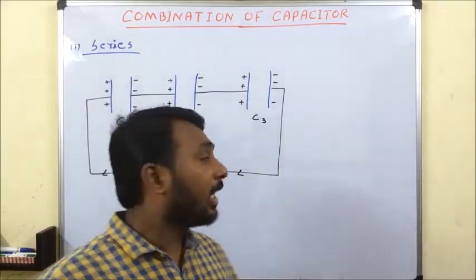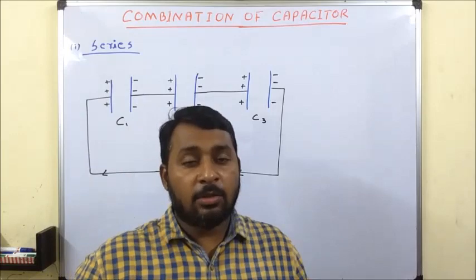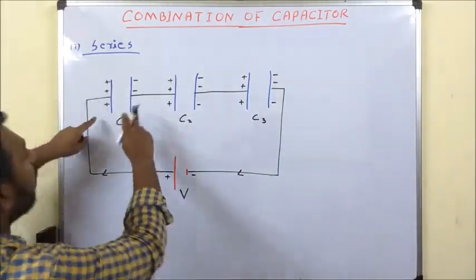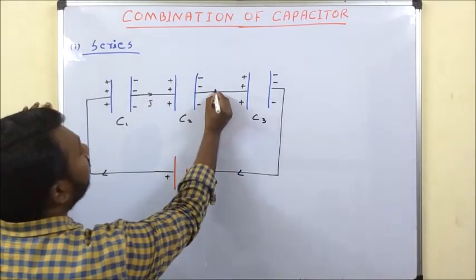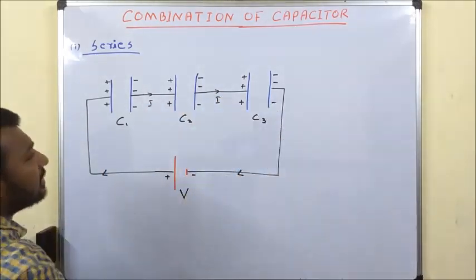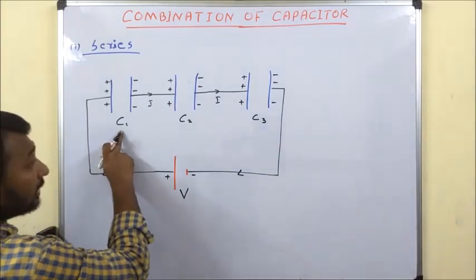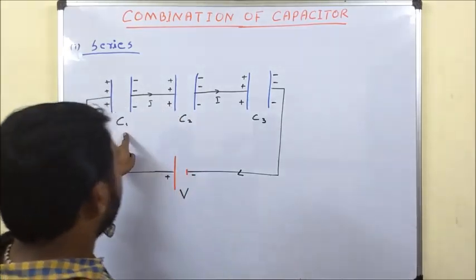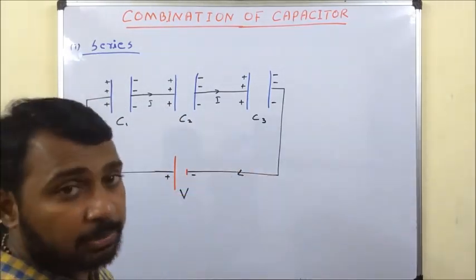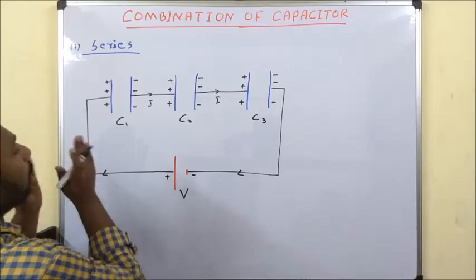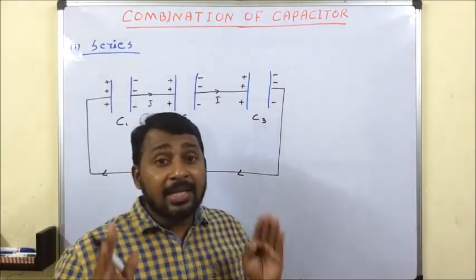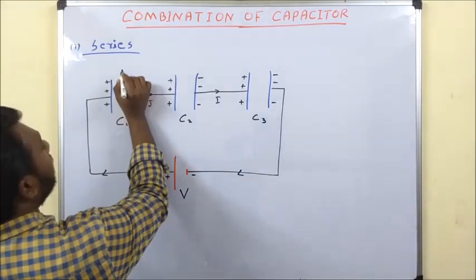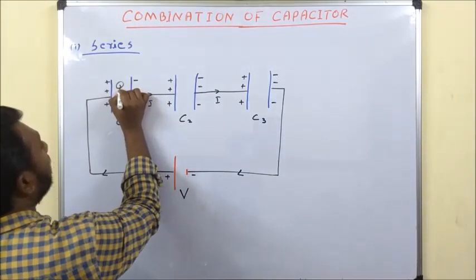Remember, when they are connected in series, as we have studied in lower classes, the current passing through all these terminals will be the same. Whatever their capacitance, maybe the same or different, at present they are different, that's why we have taken C1, C2, C3 separately, the charge stored on them will be the same. So here the charge stored is Q.